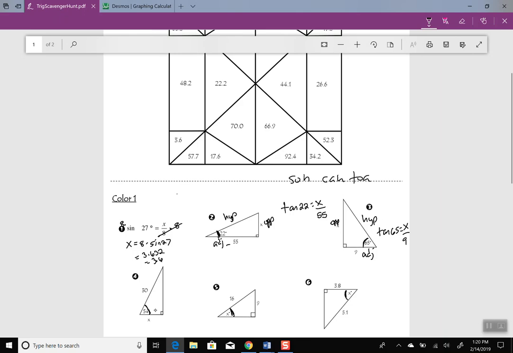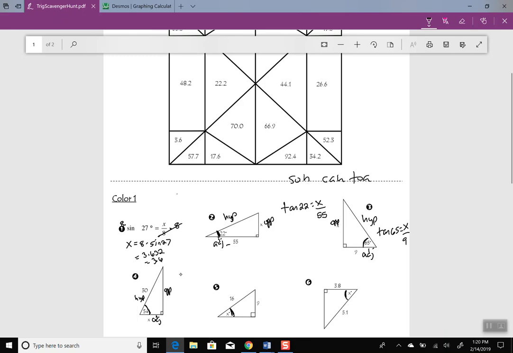This one down here, number 4, I care about the adjacent side and the hypotenuse. This time I don't care about the opposite side. The hypotenuse has the number 30, and the adjacent has your x, what you're trying to solve for. The function that has the A and the H in it, from SOHCAHTOA, is cosine.